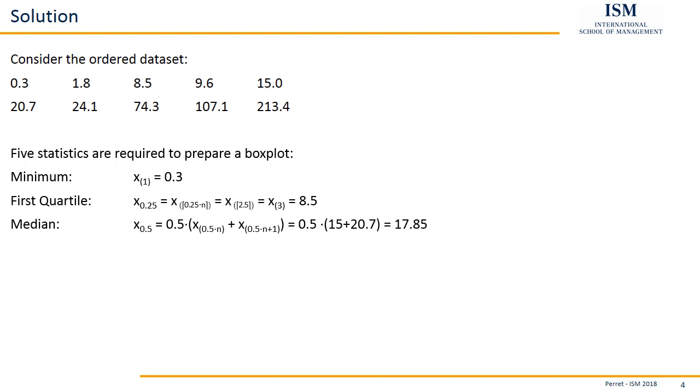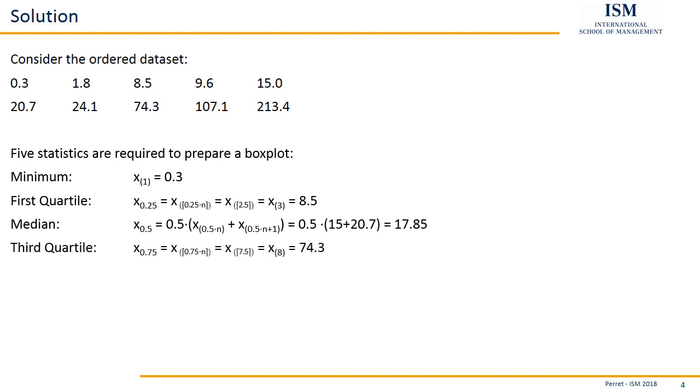And this can be done by calculating first of position 0.5 times the number of observations in the data set, so here it's 5, and 0.5 times the observations plus 1, so we have position 5, and position 6. In position 5 we find the value 15, at position 6 we find the value 20.7. So we add both of those values up and then multiply them with 0.5, giving us a median of 17.85. So far so good.